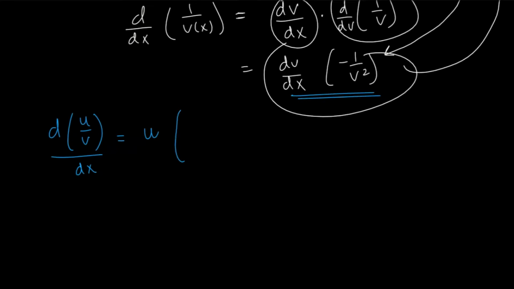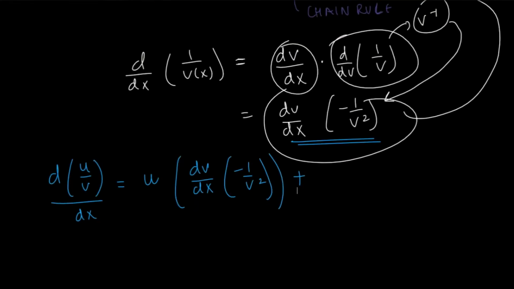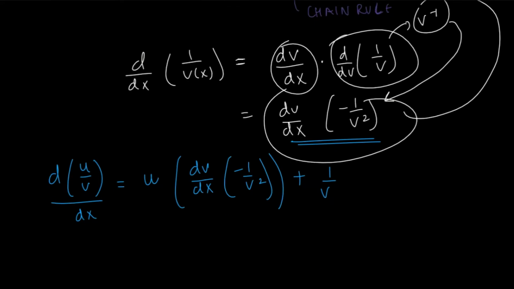So this is dv over dx times negative 1 over v squared. All of this plus 1 over v of x just remains the same, 1 over v, and this becomes du over dx.